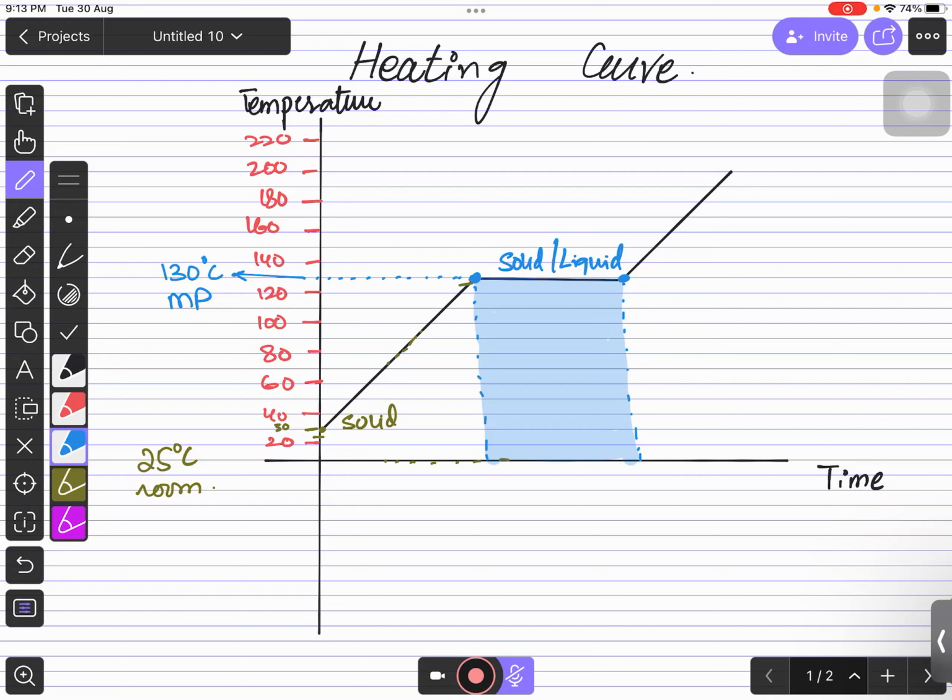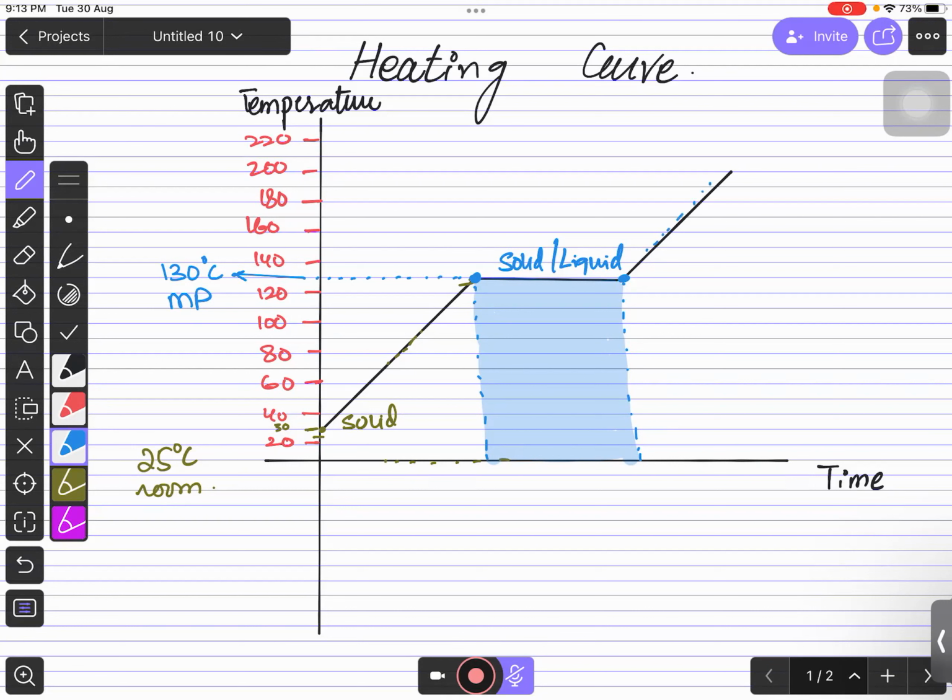Some of the substance is solid over here, and some of the particles have become liquid. So still you are heating, and the temperature is not increasing, because all the energy is being used to convert this solid into liquid state. Once all the substance has been completely converted into liquid, then the temperature starts rising again, right?